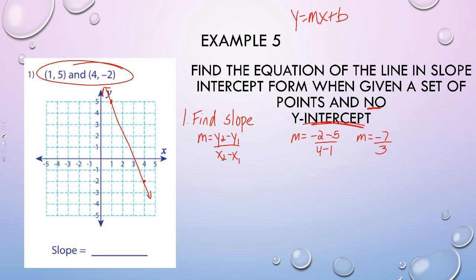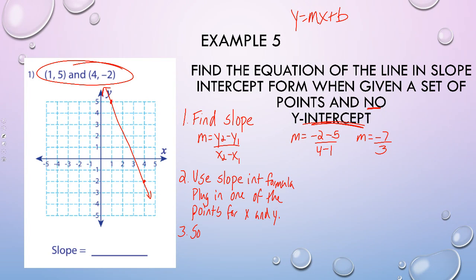What I have to do is I have to use my slope-intercept formula or equation. We're going to plug in one of the points for x and y, and then we're going to solve for b. And what we're solving for is we're solving for the y-intercept.